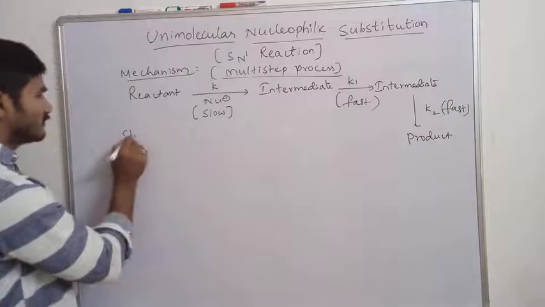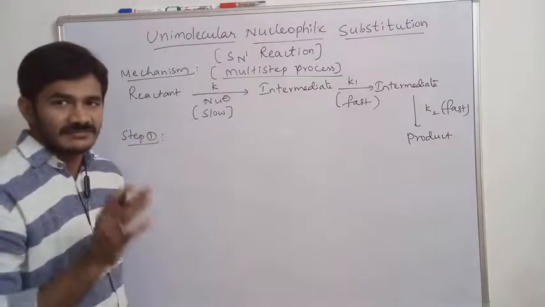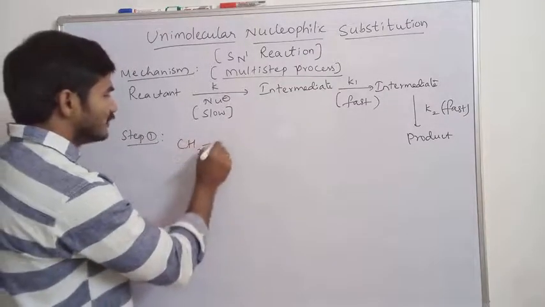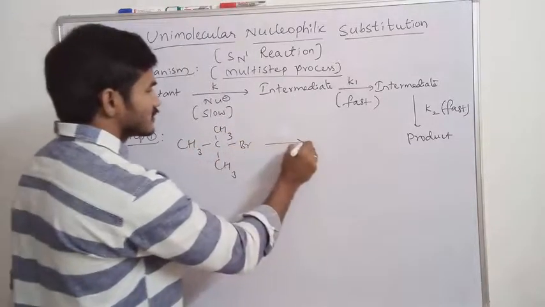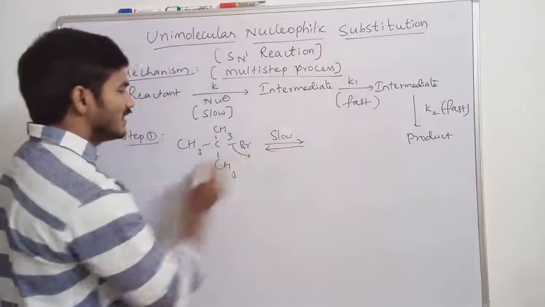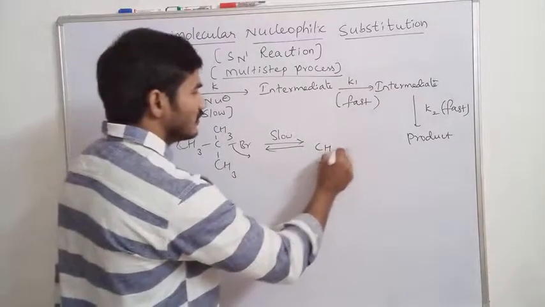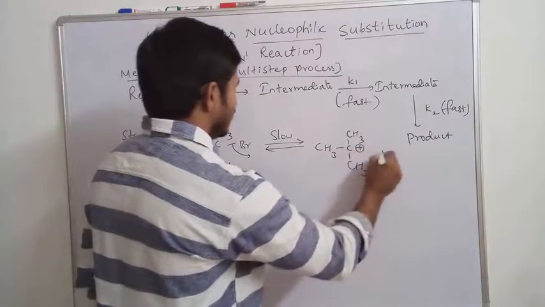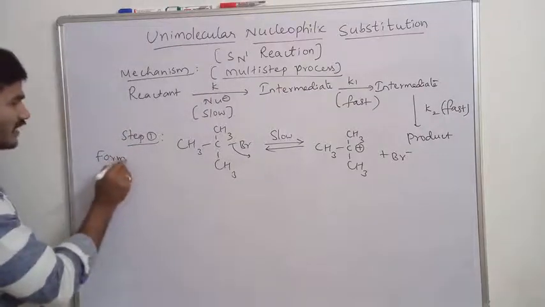In step 1, for the same reaction of tertiary butyl bromide with methanol, the first step, which is the slow step, undergoes ionization. The first step involves ionization and forms a carbocation: (CH3)3C+ and Br-. This step is said to be the formation of the carbocation.